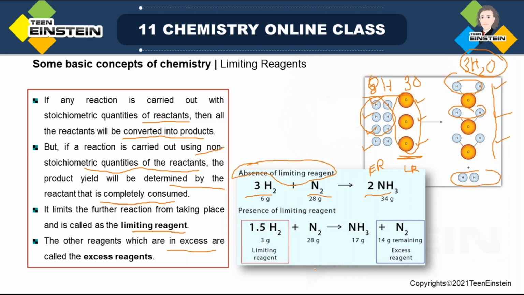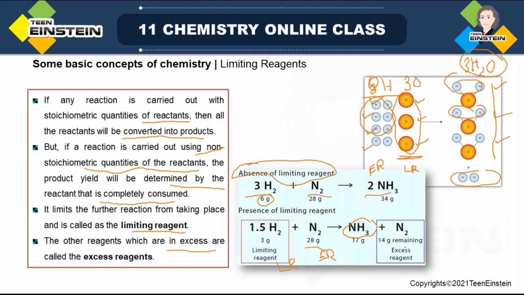Now in the second case, nitrogen is the same, still 1 mole, 28 gram. But now the hydrogen amount is reduced. It is now 1.5 moles, half of the previous moles, so the mass is also half, 3 gram only. Now the yield of the product will be decided by the limiting reagent, which in this case is hydrogen, and nitrogen is the excess reagent.